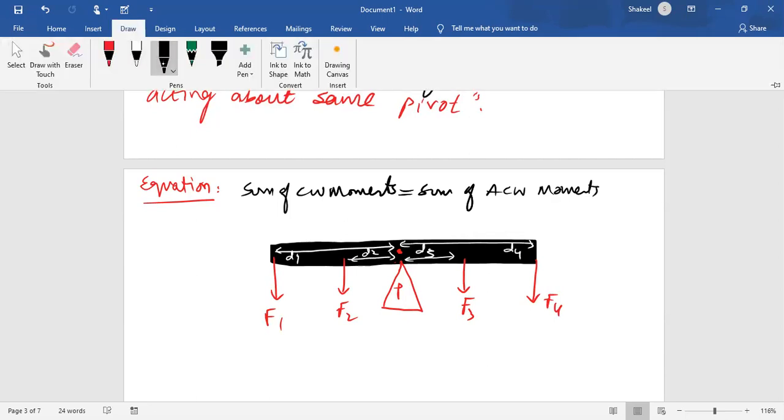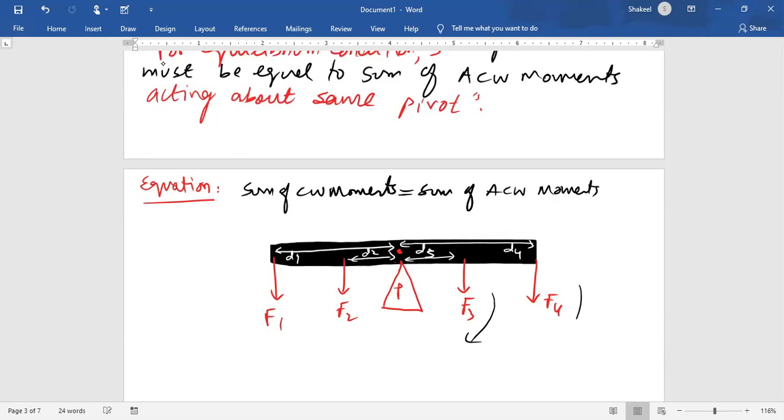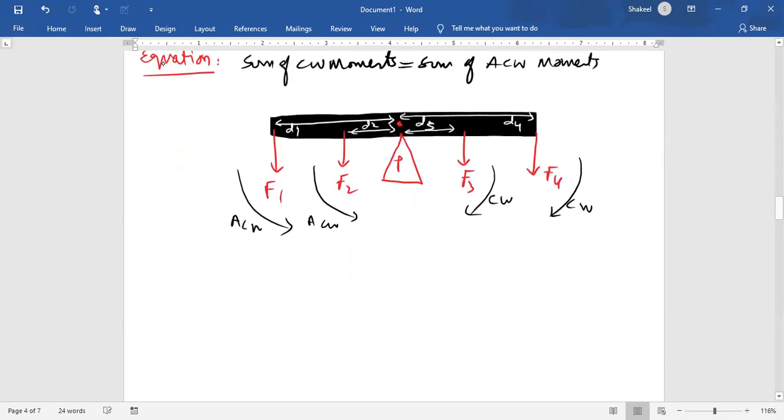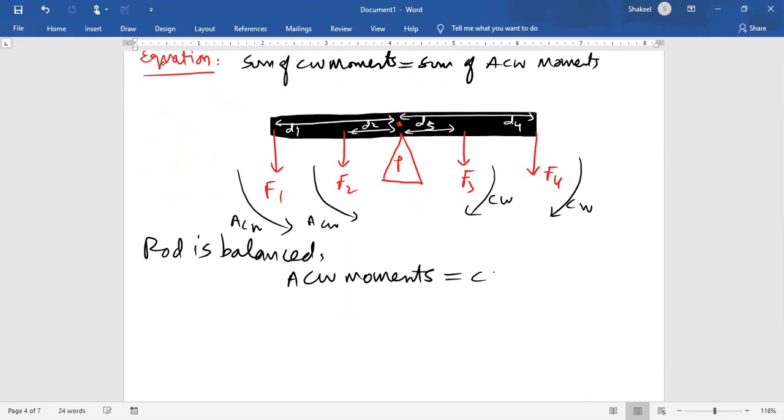Okay, so now we know that F3 and F4 are producing clockwise moments, and F2 and F1 are producing anti-clockwise moments. So if this rod is balanced, then we will say that clockwise moments equal to anti-clockwise moments, or anti-clockwise moments equal to clockwise moments, whatever. Okay.